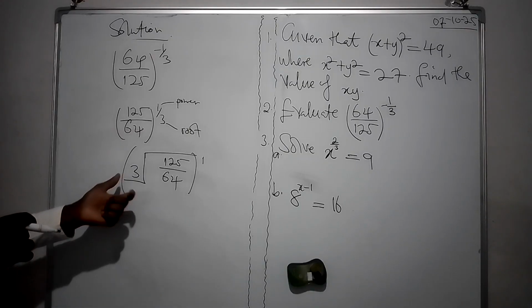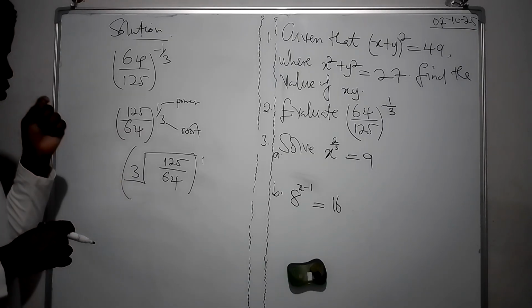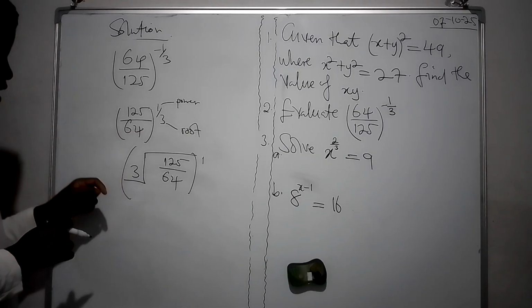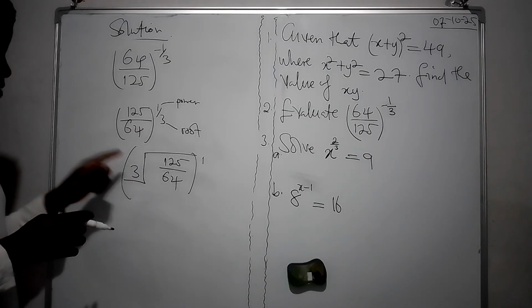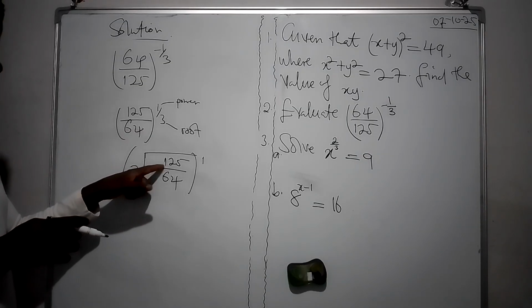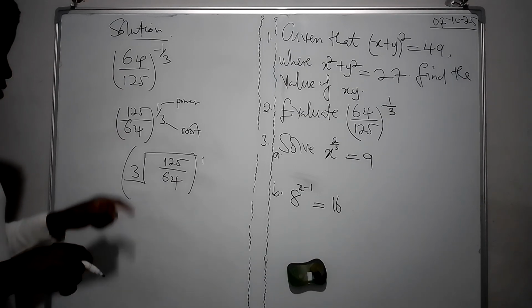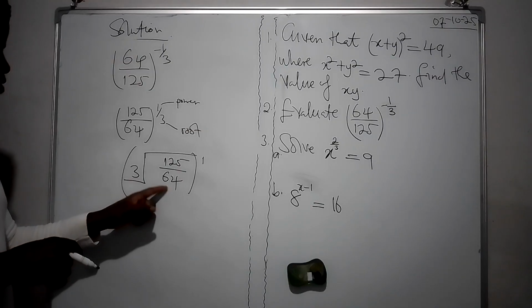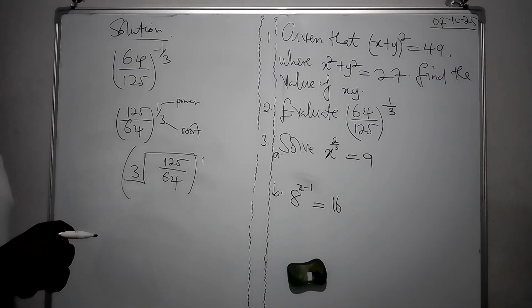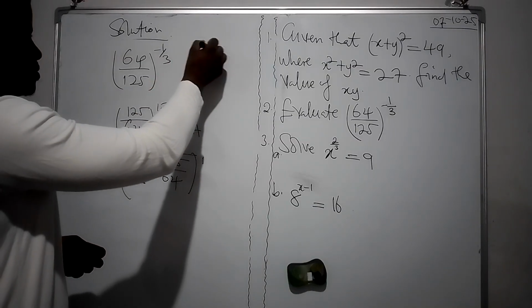So now we are asking, what is that number you can multiply 3 times to give you 125, and the same number, if you multiply it 3 times, should give you 64? What is that number? Let's try.